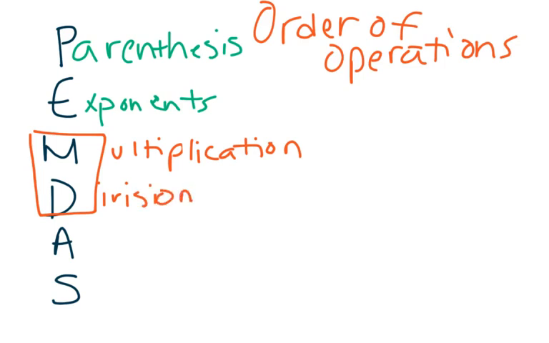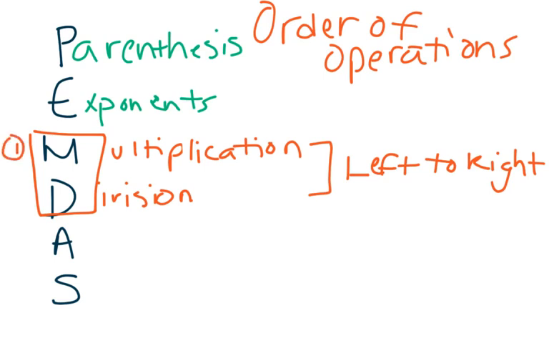And anytime that you are faced with both of these at the same time, you're always working left to right. So we don't necessarily do it where multiplication is first and division is second. You do it from whatever it is that you have, and you just work from left to right like you would any reading. Alright, and then the last two are addition and subtraction.